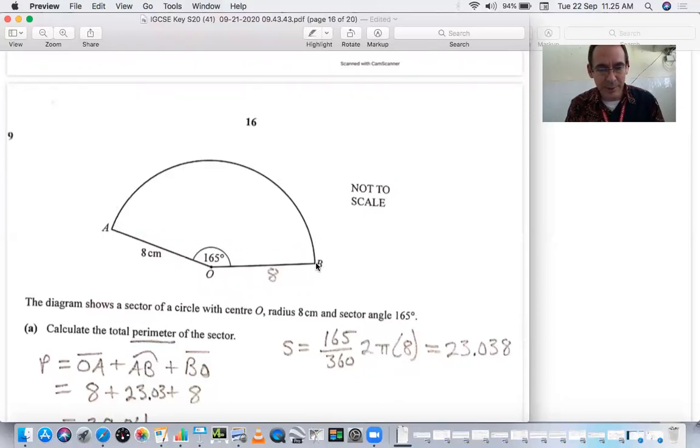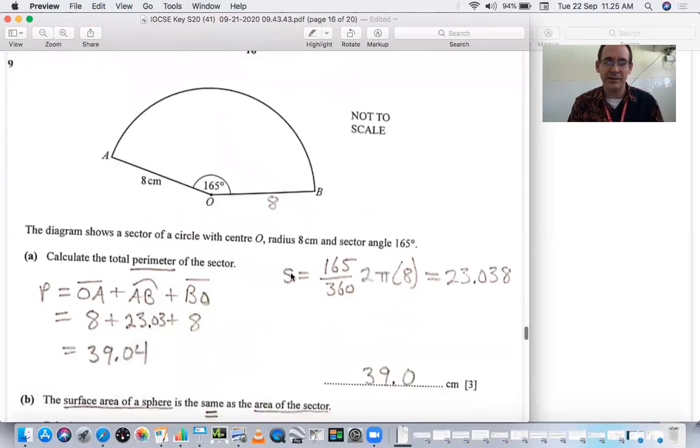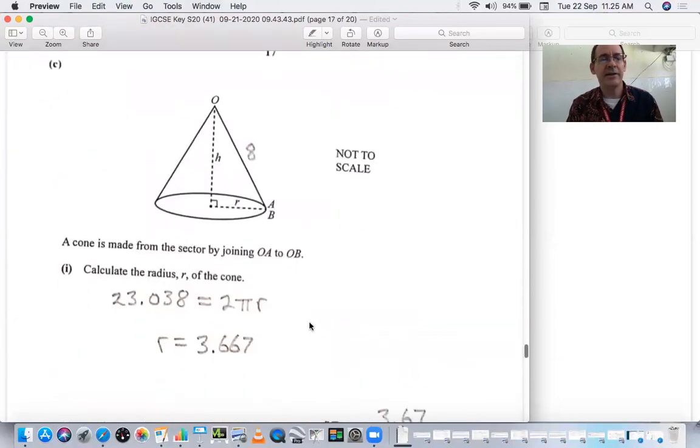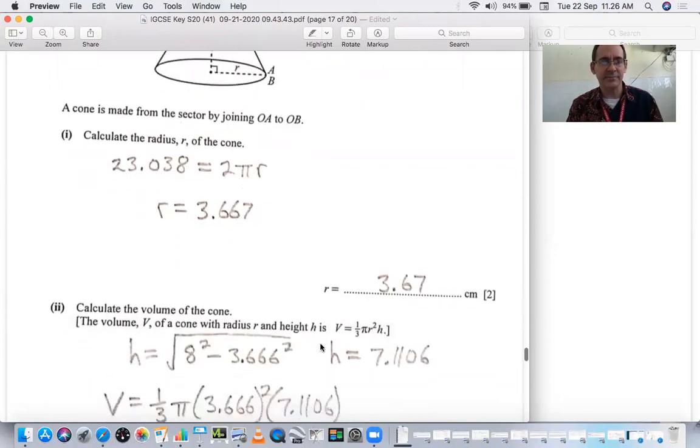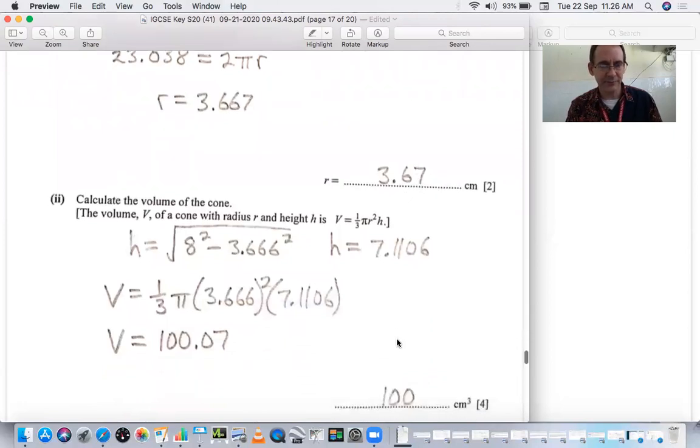Because when you take B and pull it around here to A, then this arc length becomes the entire circumference. So 23.038, you already have it right there. Bring that down here, equals 2 pi r, which is your circumference now of the base of the cone, and the radius of the cone is 3.67 to 3 significant figures.